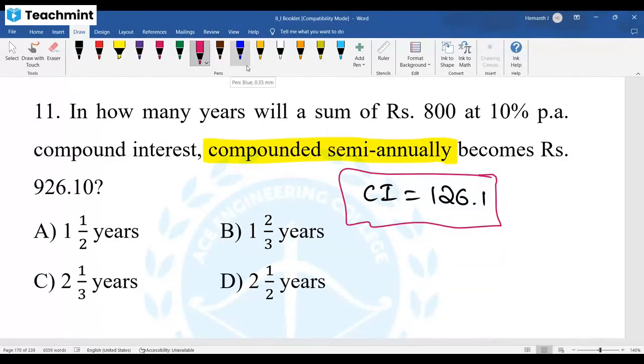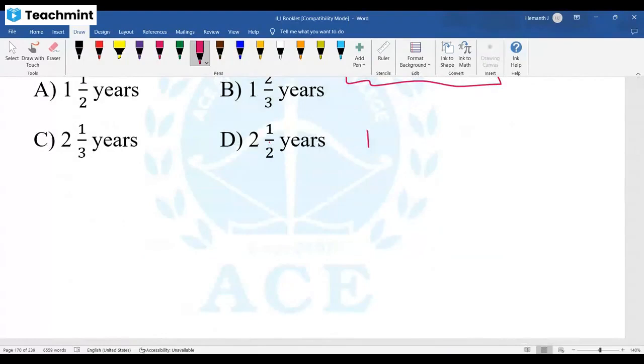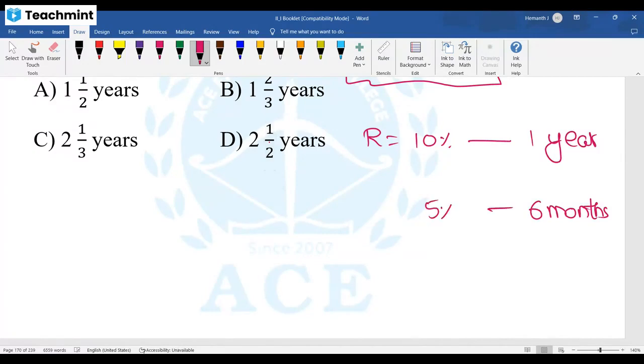Annum means for 1 year. For 1 year, rate of interest is 10%. But in the question, they are asking to do semi-annually. Semi-annually or half-yearly means 6 months, so the rate of interest should be 5%.